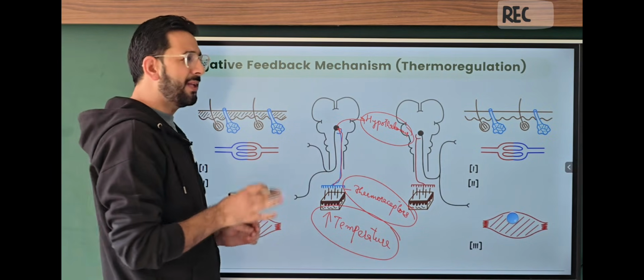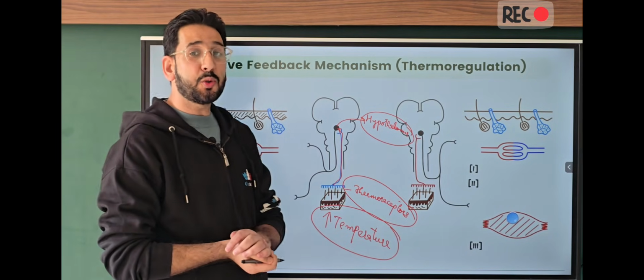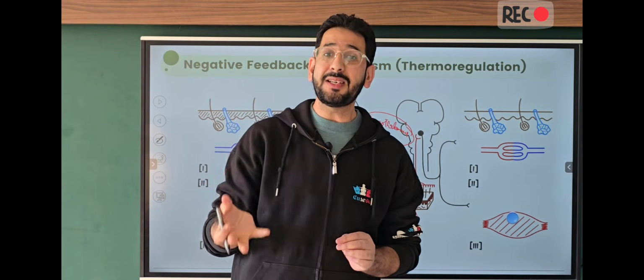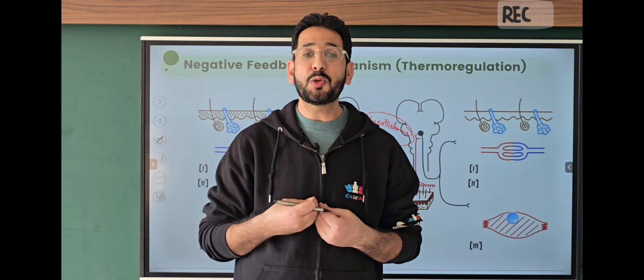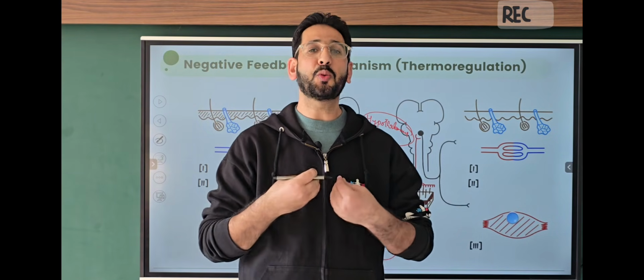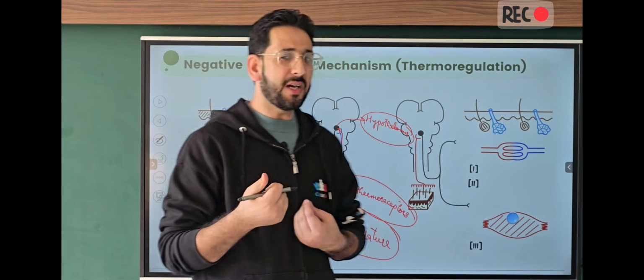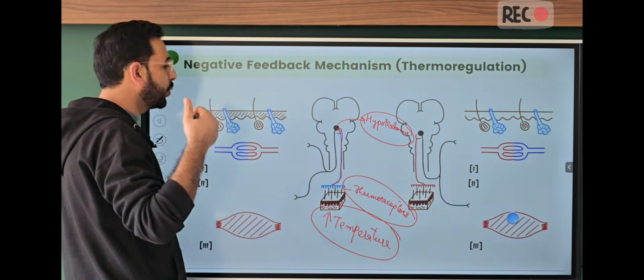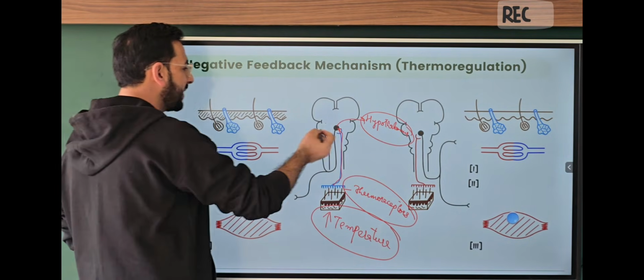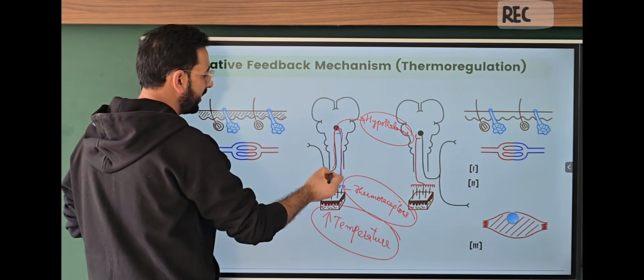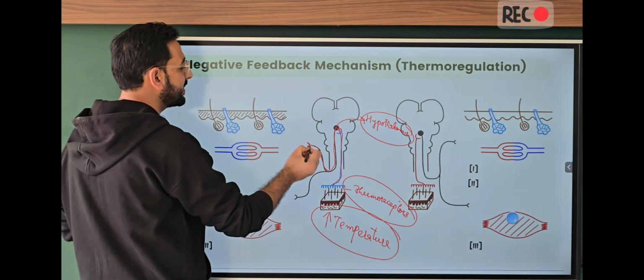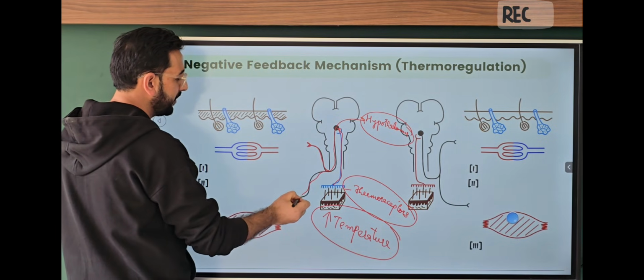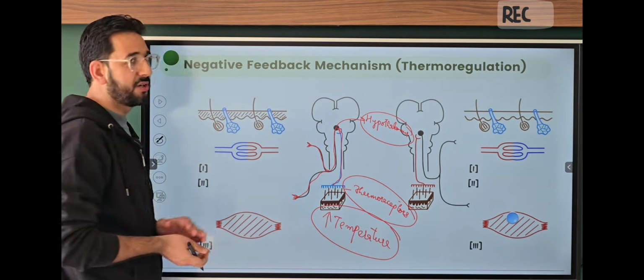Now, what the hypothalamus has to do, in response to that increased temperature, is cool the body down. How does it do this? It sends efferent signals to two different structures.